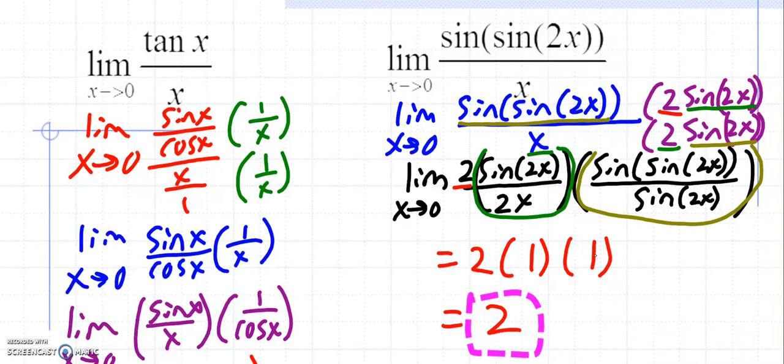And the limit as x goes to 0 of that. So then I have 2 times the limit as x goes to 0 of sine of 2x over 2x. So again, since those are the same, the limit is 1. And then I have sine of 2x over the sine of 2x. Since those are the same, the limit is 1. So 2 times 1 times 1 is 2.